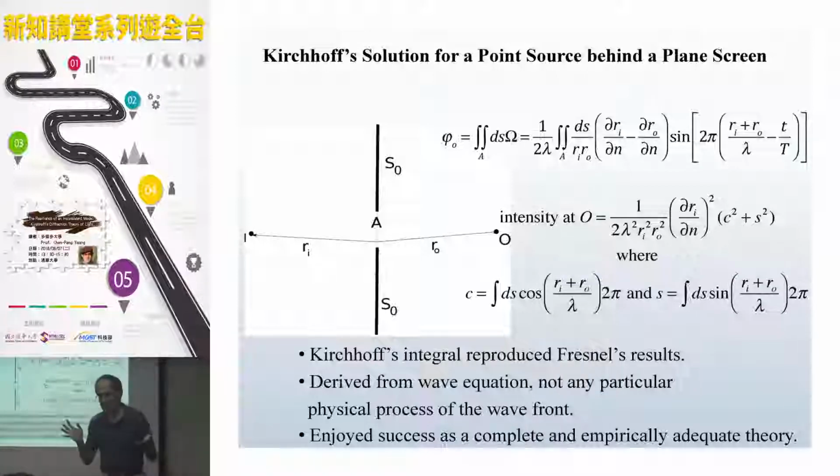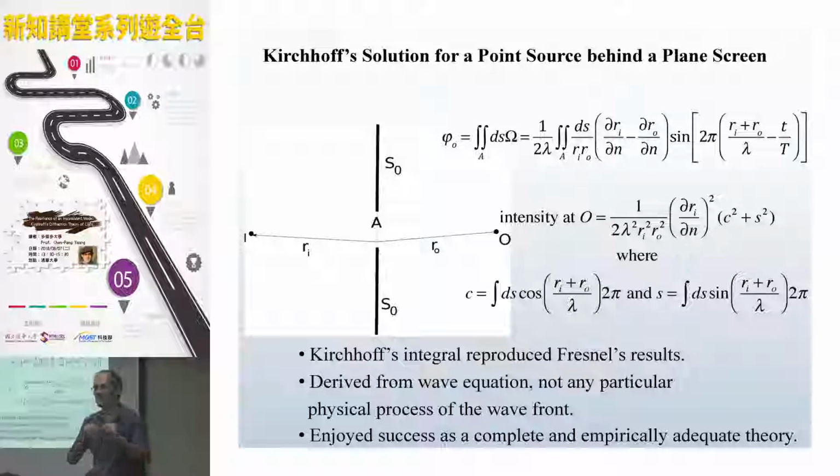And that was very good, because Fresnel's results were not only satisfactory to the physicists in the 19th century, but also conformed to Fresnel's own empirical experimental data. So that means this result has some kind of empirical validation. Moreover, this result was not based on any physical, mechanical considerations of the mechanisms of the wavefront.